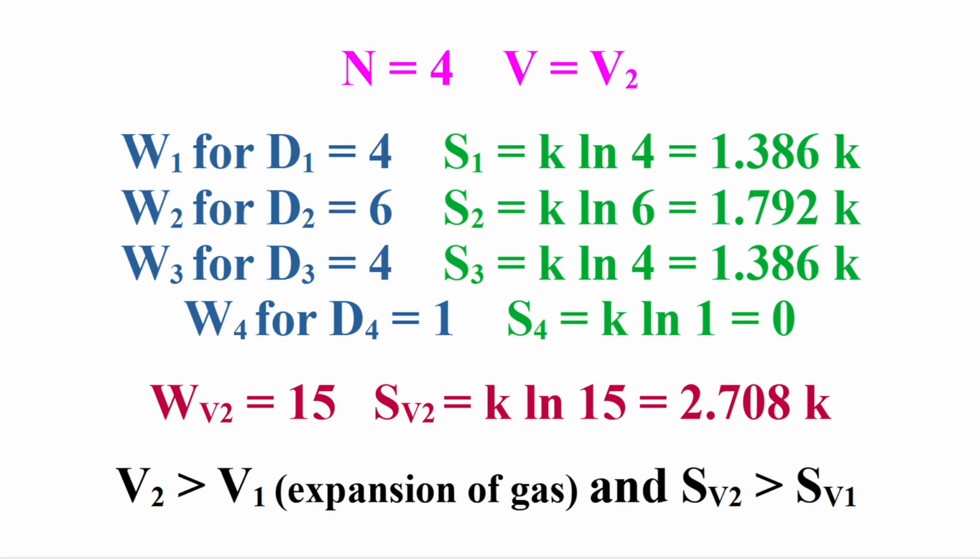Therefore, S1 equal to S3 equals k ln 4, equal to 1.386 k. S2 equals k ln 6, equal to 1.792 k.